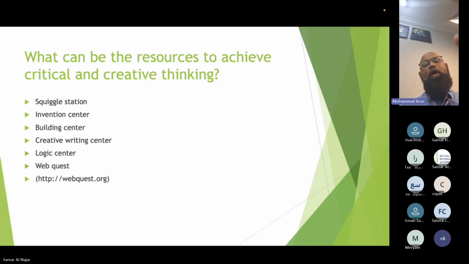What can be the resources to achieve critical and creative thinking? These are some of the resources, like the squiggle station. Students turn something soft into different shapes and maybe different images and pictures. So you're promoting imagination in students.